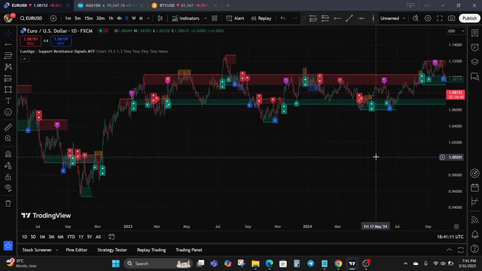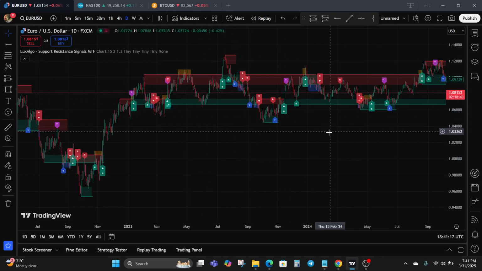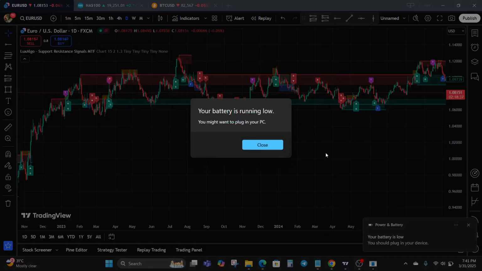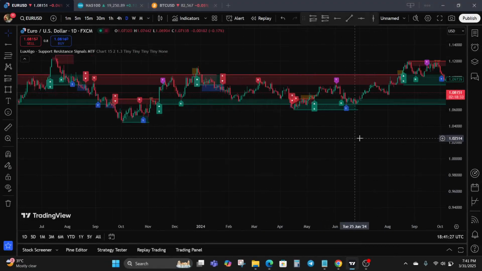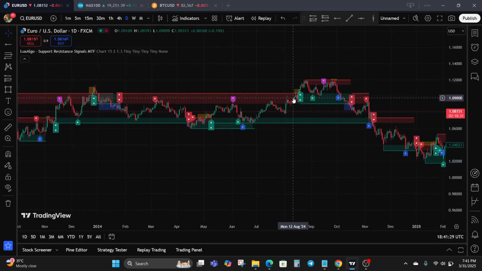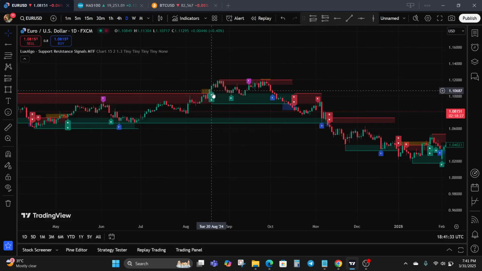So you can see that the indicator automatically plots these levels on your chart across multiple time frames. The indicator detects these levels across multiple time frames, and it detects valid breakouts and retests. For example, we can see that here there was a resistance level detected and there was a valid breakout.